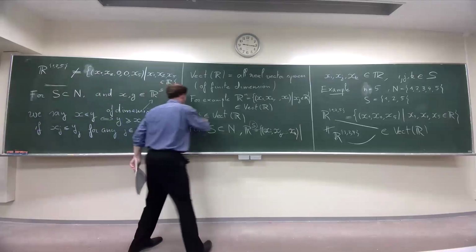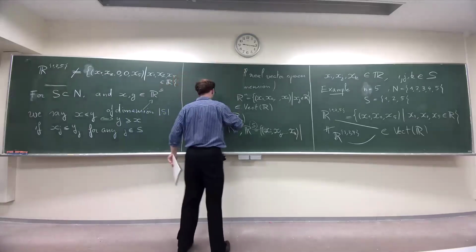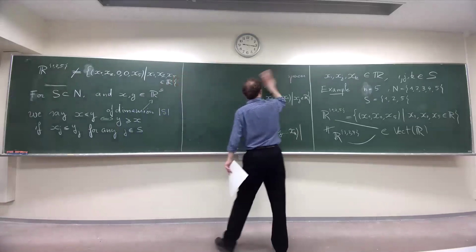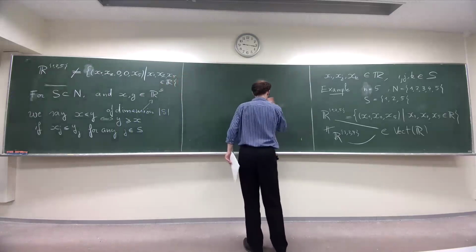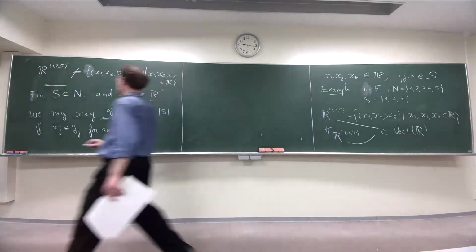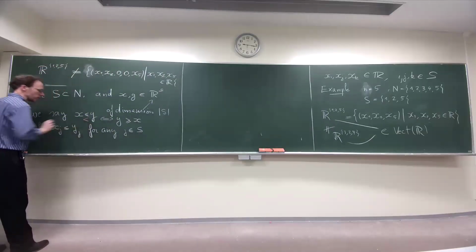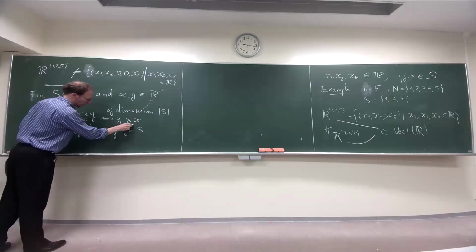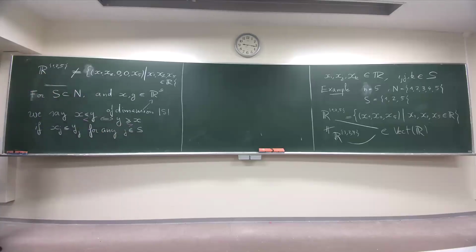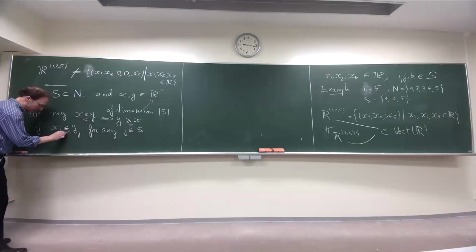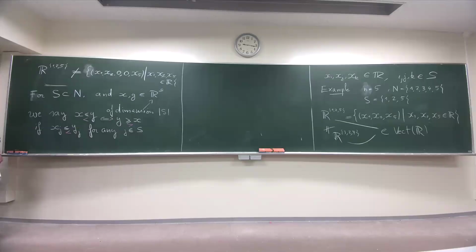And of course, I put a smaller or equal, but you can put a strictly smaller. So you say x is strictly smaller than y, which is the same as y strictly bigger than x, if xj is strictly smaller than yj for all j in S. Okay, so we are going to compare x and y, two vectors in some real vector space, just component-wise.